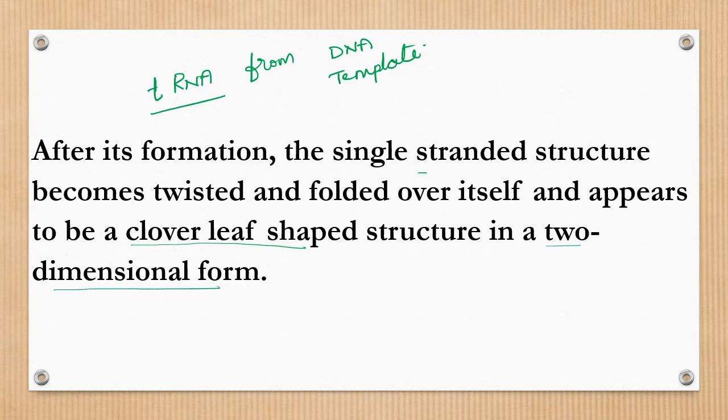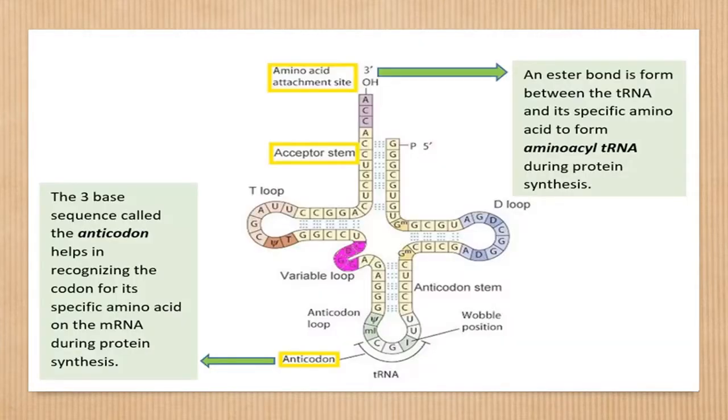Let's see the form of that. This is the clover leaf structure, proposed by Holley. We already gave the same diagram previously when we studied the RNA world, and there we mentioned the reason why tRNA forms a clover leaf structure: due to the presence of unusual base pairs.